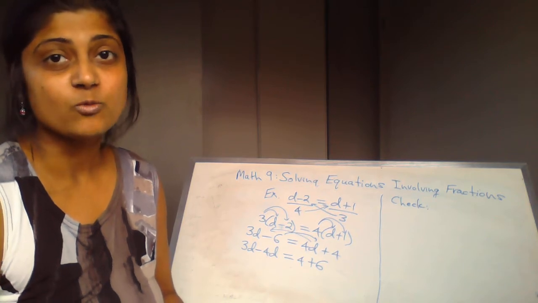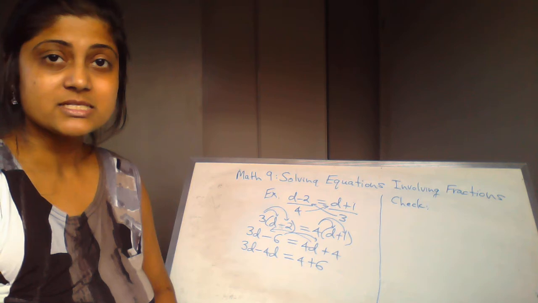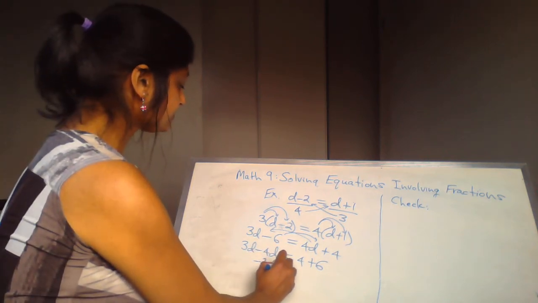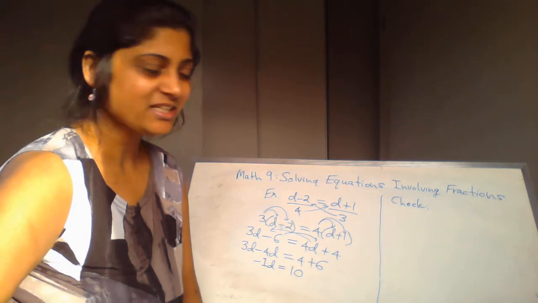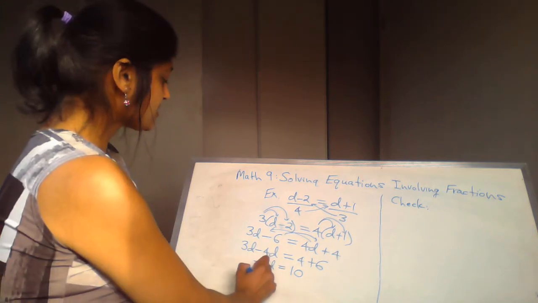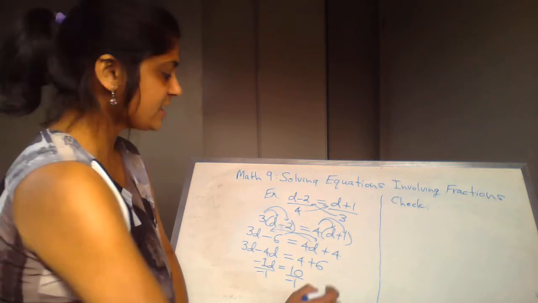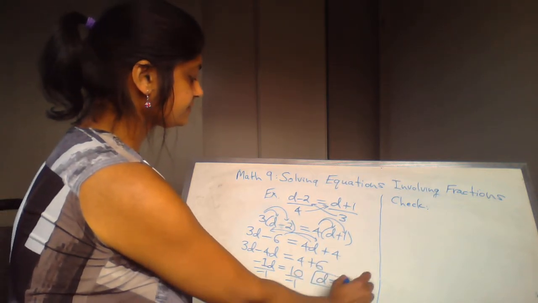Just make sure you are watching the signs and you get the correct answer. So in this case, 3d minus 4d is negative 1d, equal to 10, because I'm just doing 4 plus 6. Make sure you note here that the 1 is negative. I'm going to divide by negative 1 on both sides, and my final answer for d is equal to negative 10.